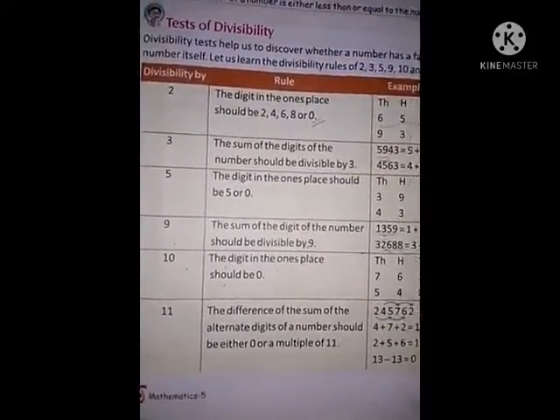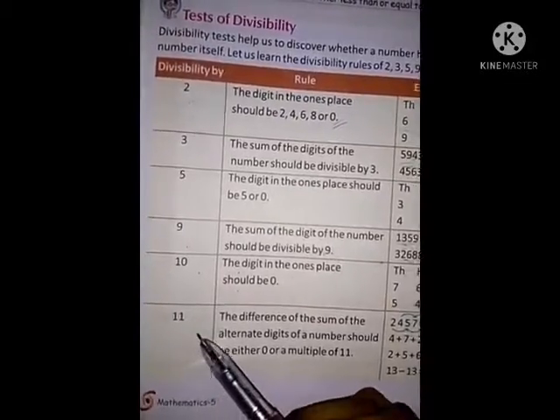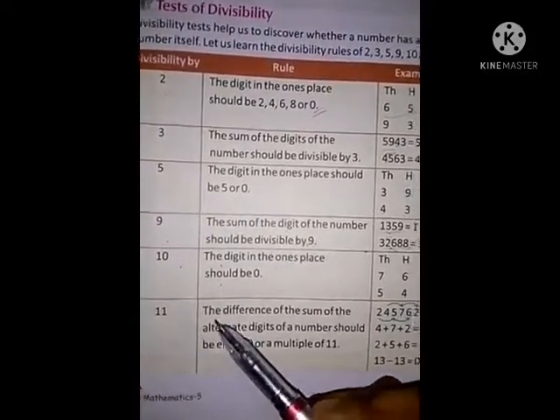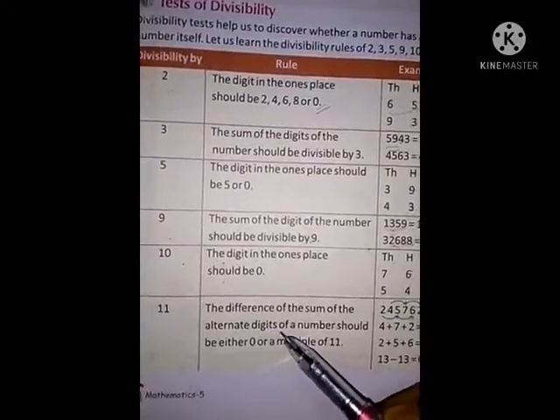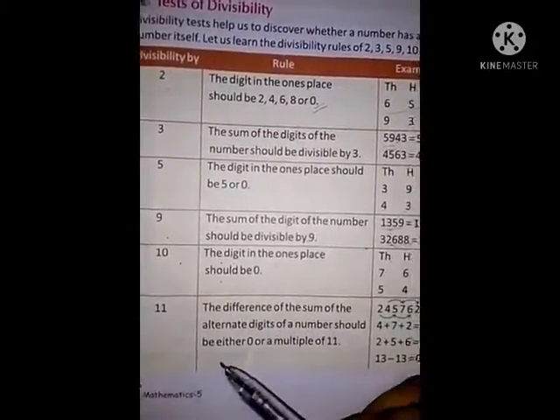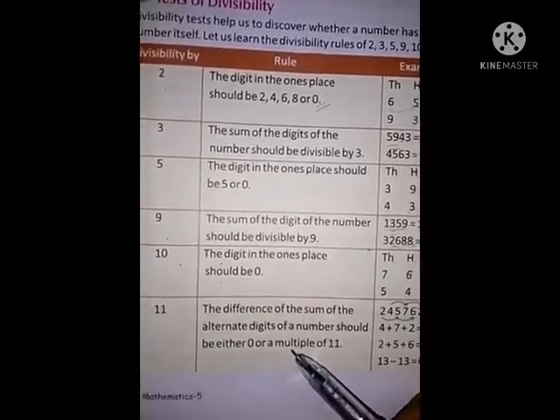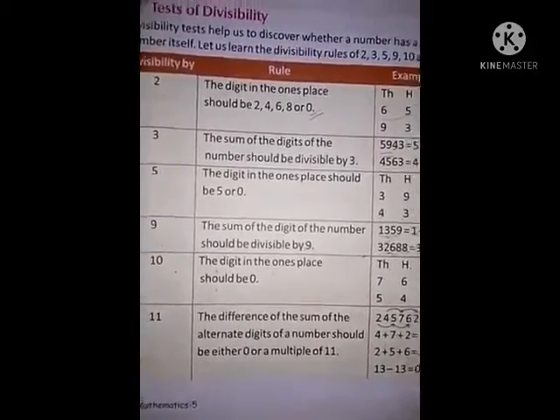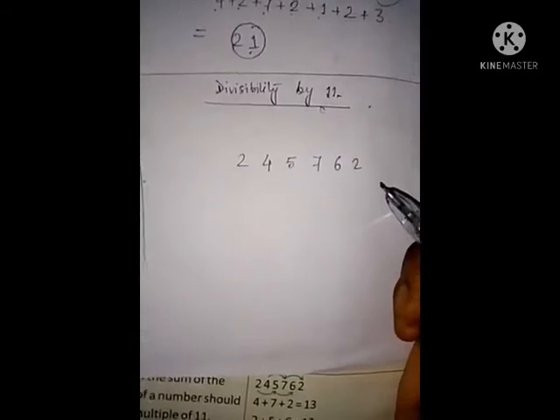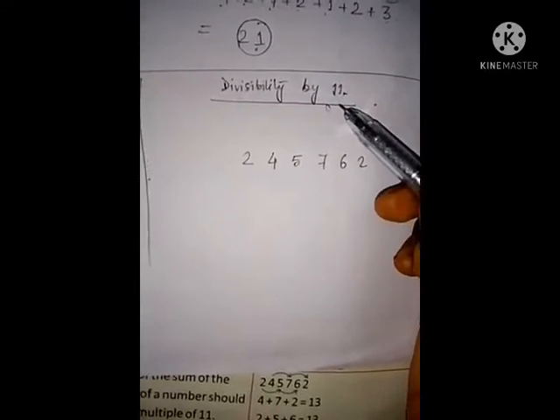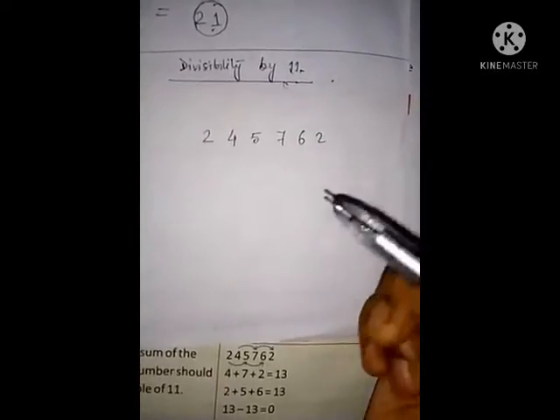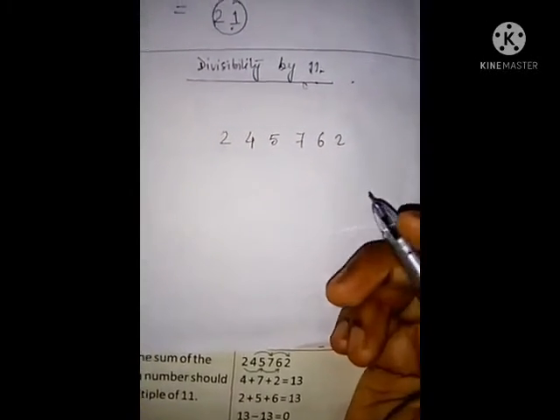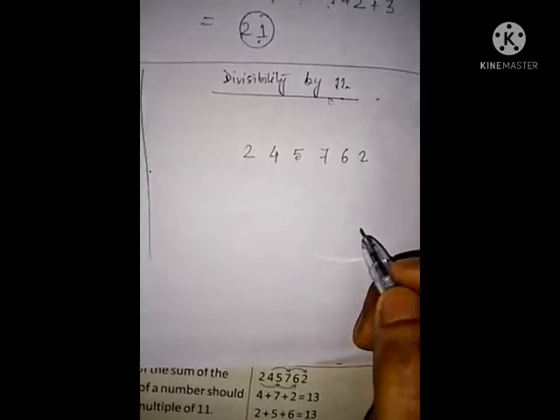Okay. Now see divisibility by 11. The difference of the sum of the alternate digits of a number should be either 0 or a multiple of 11. To check whether the number is divisible by 11 or not, we first have to find the sum of the alternate digits. How to take alternate digits?